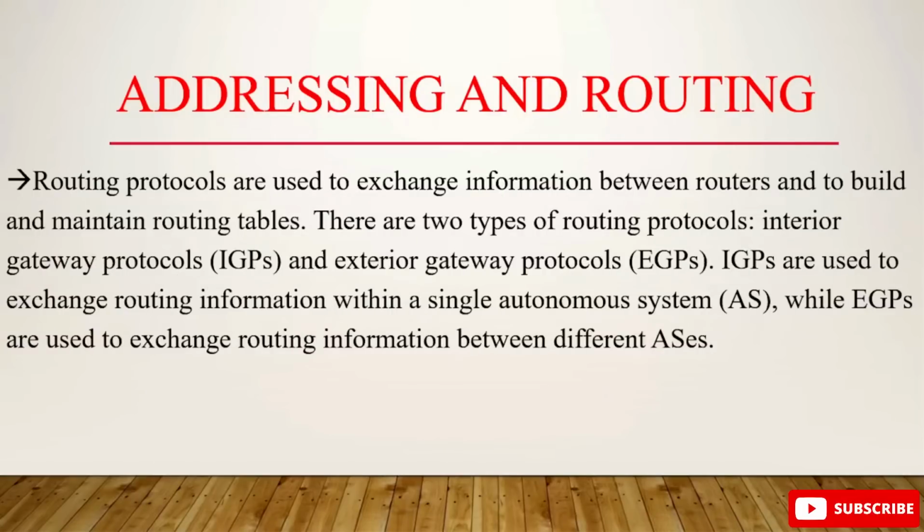Routing protocols are used to exchange information between routers and to build and maintain routing tables. There are two types of routing protocols: interior gateway protocols (IGP) and exterior gateway protocols (EGP). IGPs are used to exchange routing information within a single autonomous system, while EGPs are used to exchange routing information between different autonomous systems.